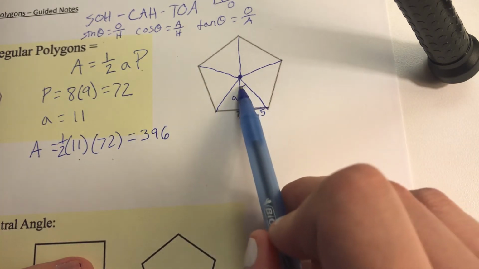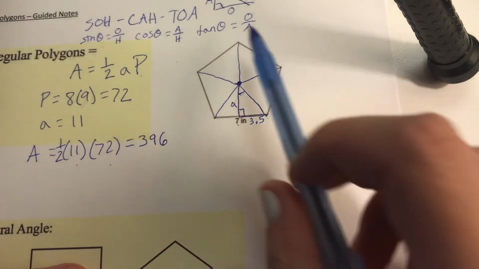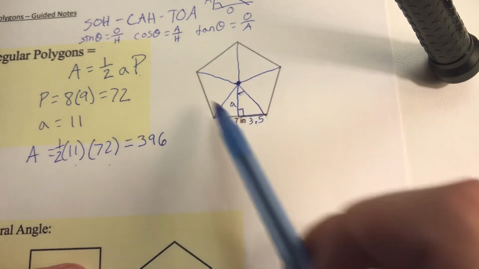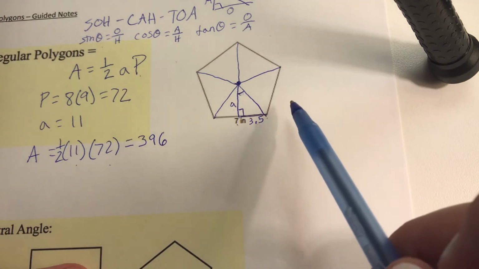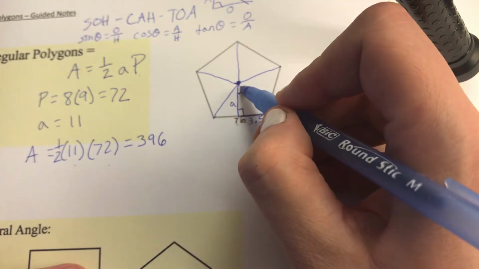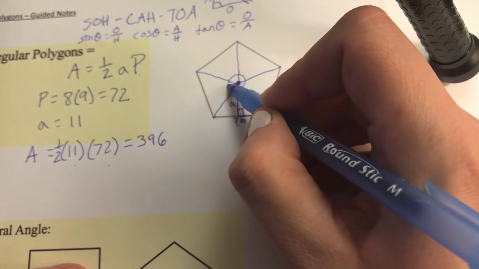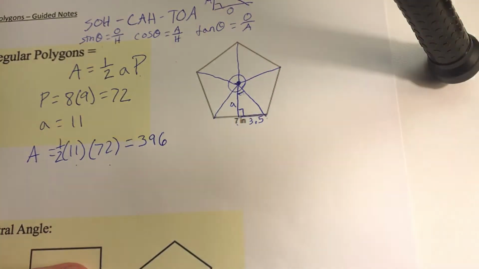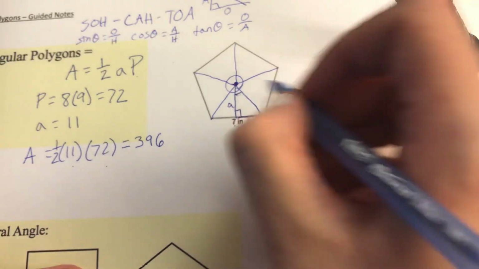But how do I find the central angle? We're going to use our knowledge about regular polygons and central angles to figure out what these are. Since this whole distance around here, angle-wise, is always 360. Sorry, that was a terrible circle. But all the way around here is 360.